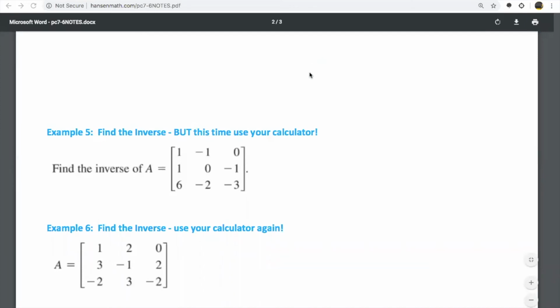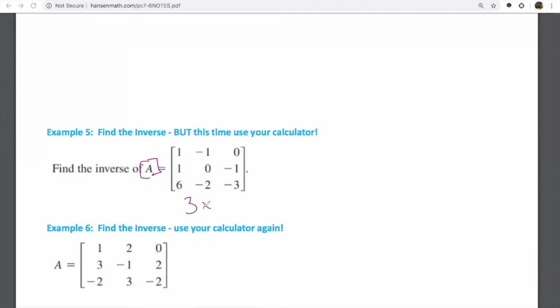Moving on, examples 5 and 6 regard just straight up using a graphing utility to find the inverse. So if you take your graphing calculator and you enter matrix A here as a 3 by 3, and you put it all in correctly, on most calculators, like on a TI-84, it's second matrix, which brings up the menu, and you select matrix A if you entered it that way.